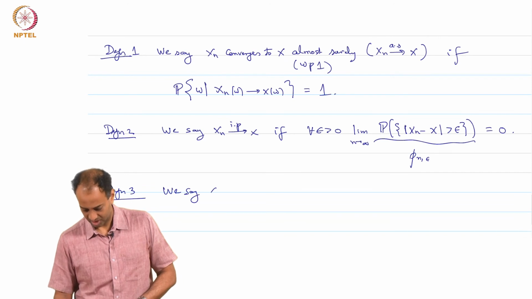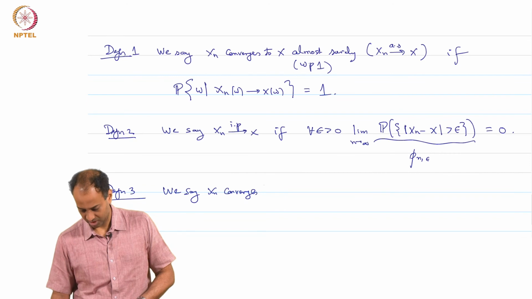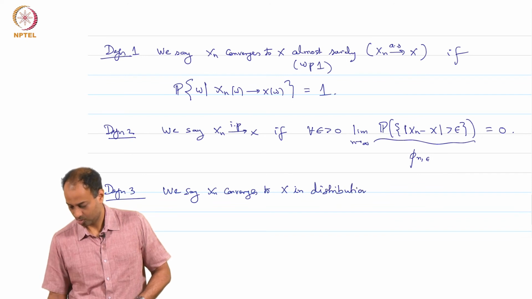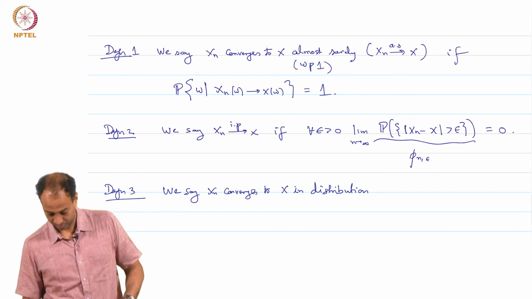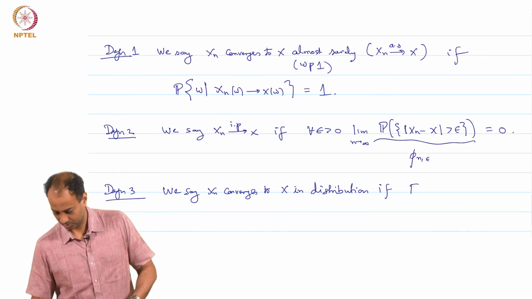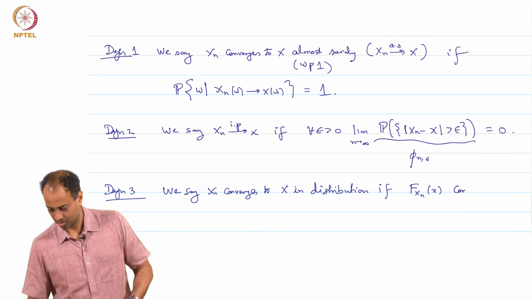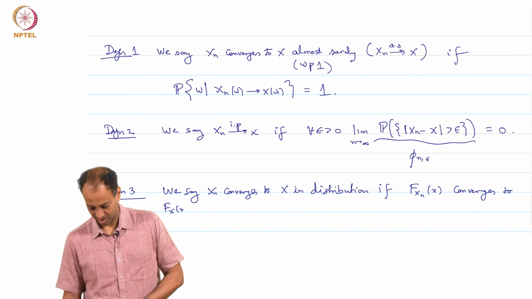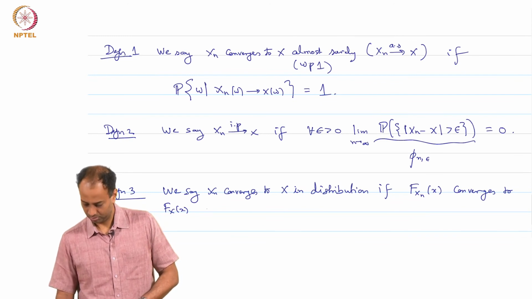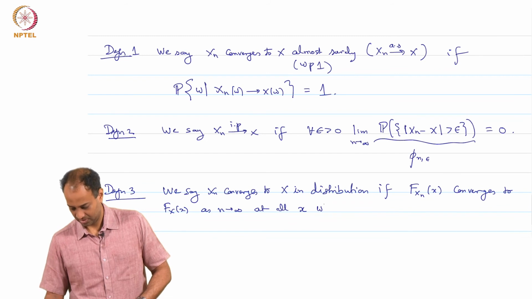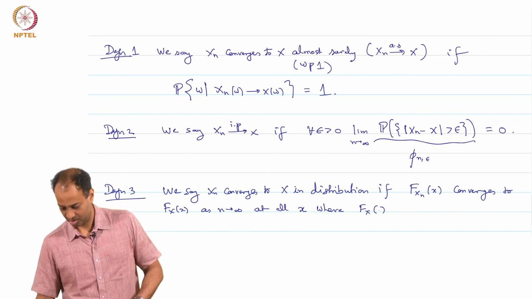We say X_n converges to X in distribution if F_{X_n}(x) converges to F_X(x) as n tends to infinity at all x where F_X is continuous.